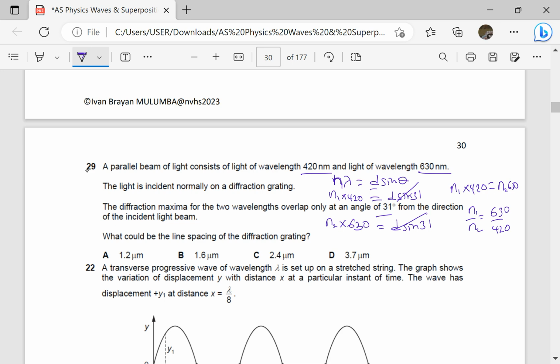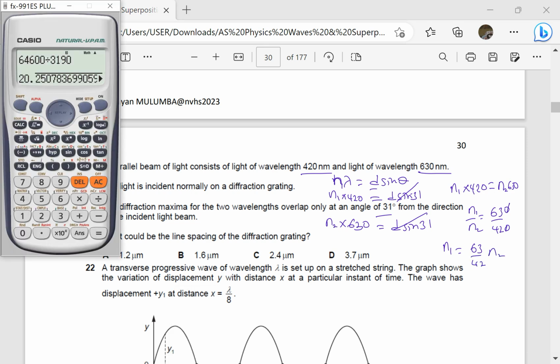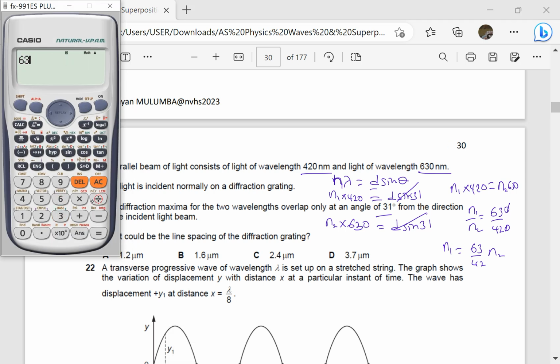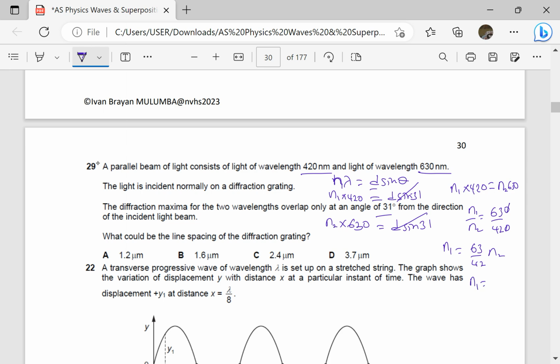In other words, n1 is going to be equal to 63 over 42 n2. Let me see if this is divisible first of all. 63 divided by 42 is 3 over 2. So n1 is 3 over 2 times n2.